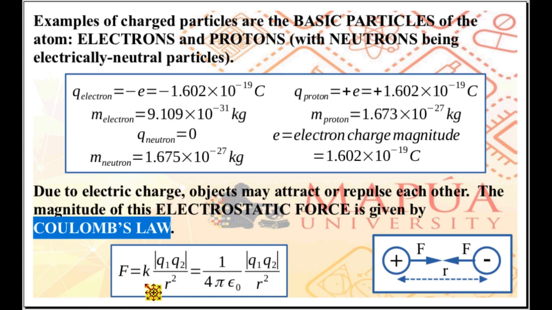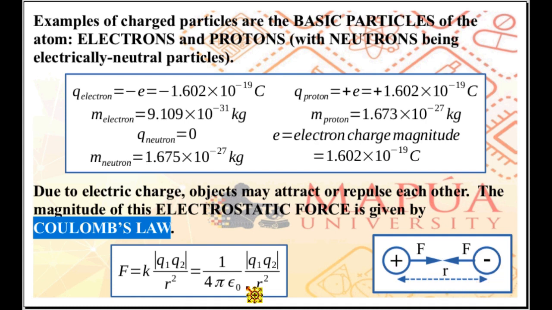F is equal to k |Q1 Q2| over r squared, where Q1 is the charge of particle 1, Q2 is the charge of particle 2, and r is the distance between the two charged particles.